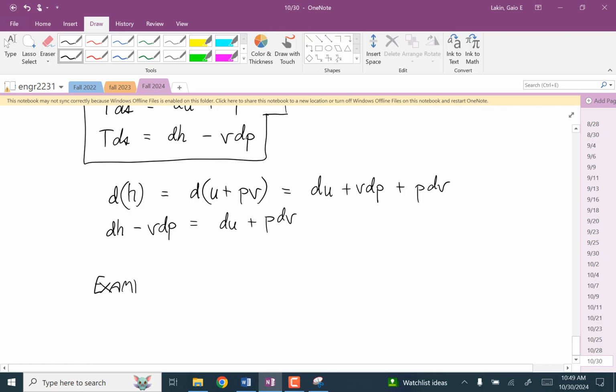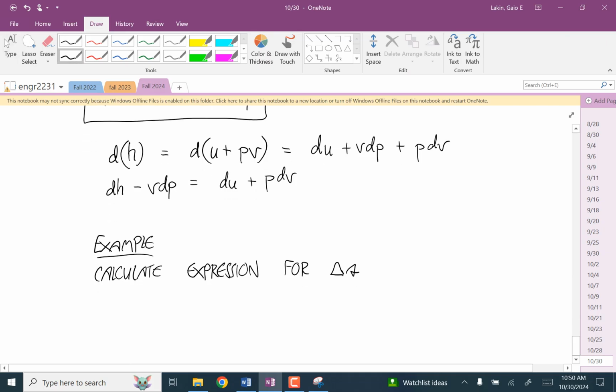So here's an example. Calculate an expression for the change in specific entropy for an incompressible material.